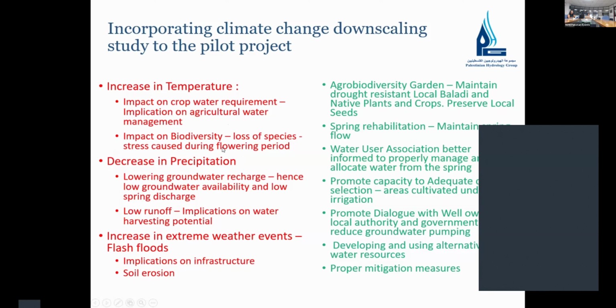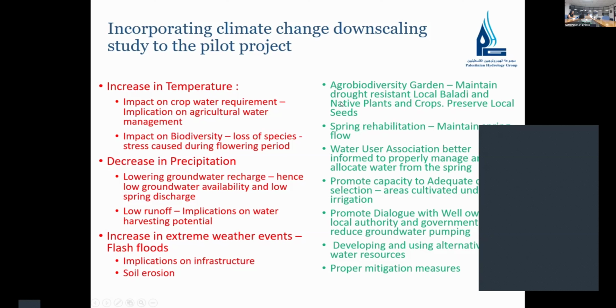The decrease in precipitation means lower groundwater recharge, therefore affecting groundwater availability and slowing spring discharge. It will also cause low runoff, which will affect the water harvesting structures in the catchment. The increase in extreme weather events like flash floods will have implications for infrastructure and will cause soil erosion.